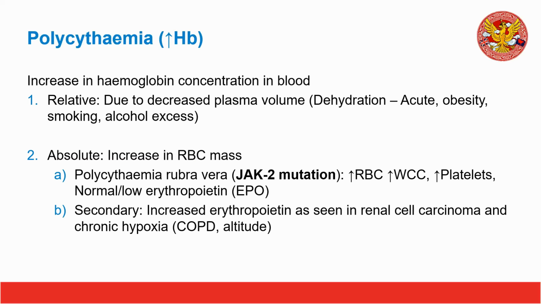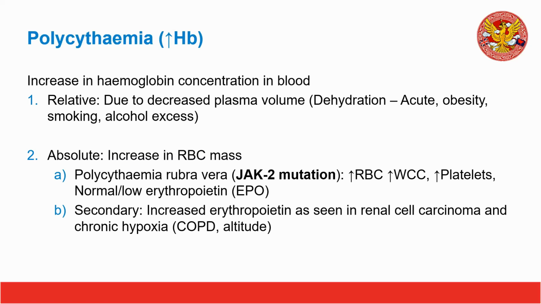And this is a normal physiological response, and it doesn't necessarily have to be as a result of pathology. So for instance, altitude, if you go to a higher elevation, then your EPO increases to counteract the hypoxia.